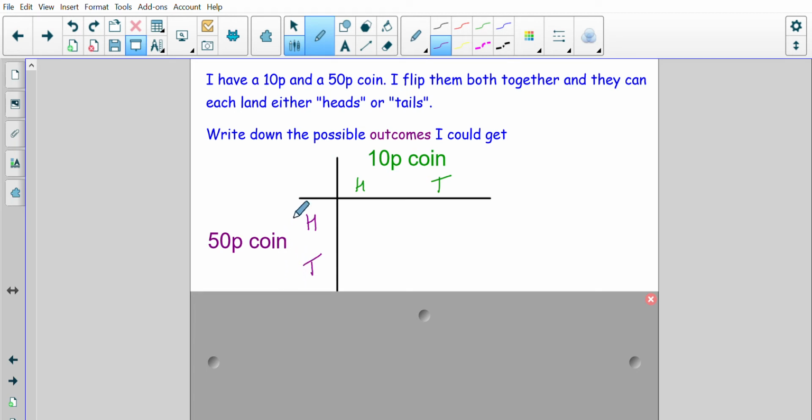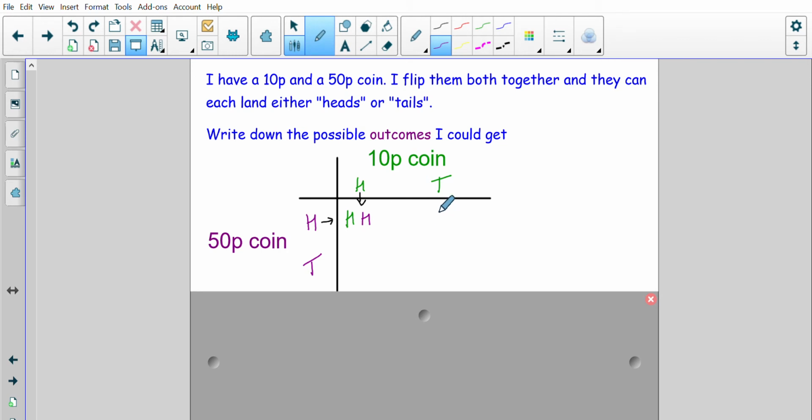The way I'm going to record what happens with both the coins is by reading in from the table. So if I read in from here and in from here, in this section of my table, it tells me I could get a head on my 10p coin and a head on my 50p coin. That's one of my outcomes.